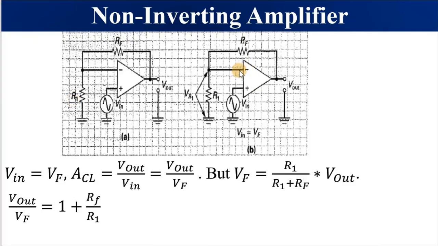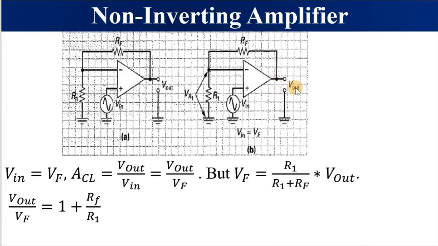We said V2 must be equal to V1, or the voltages at the two input terminals are equal. This means that the voltage at the non-inverting input is Vin, but we know that this is the feedback voltage across the resistor R1. How is it calculated?